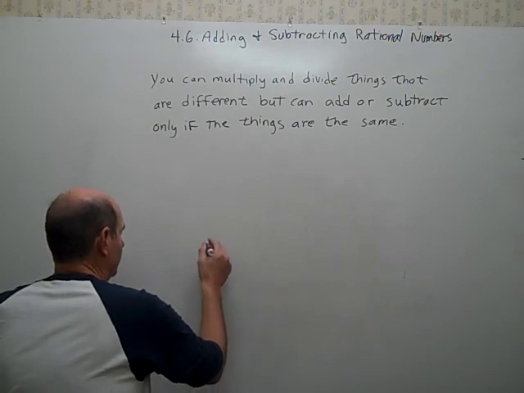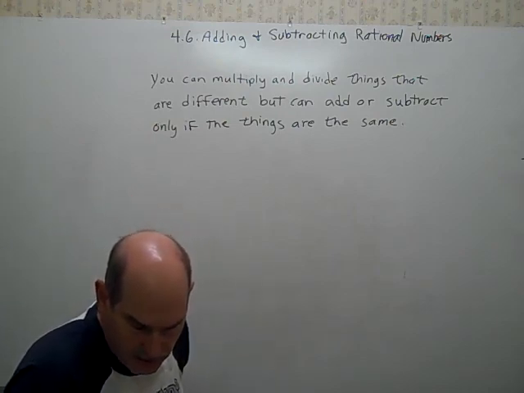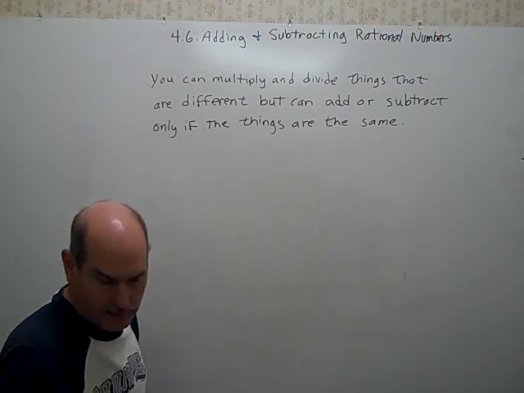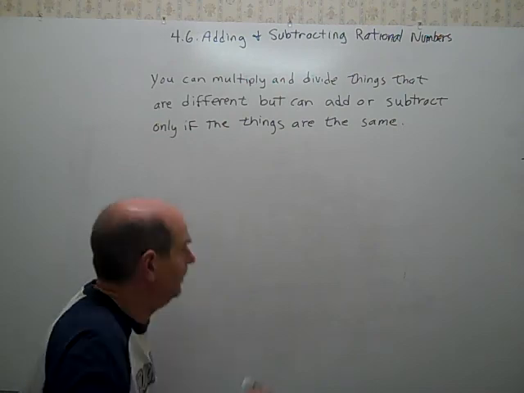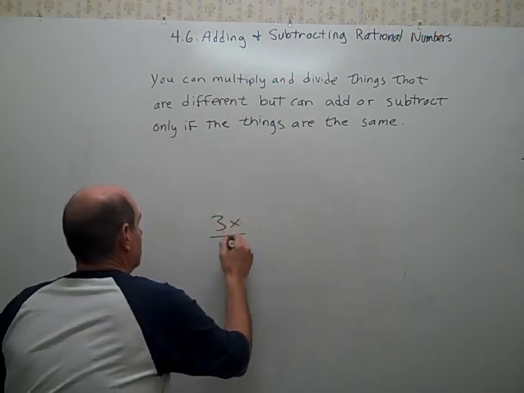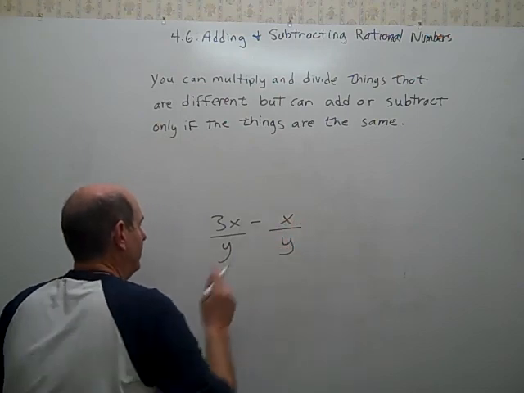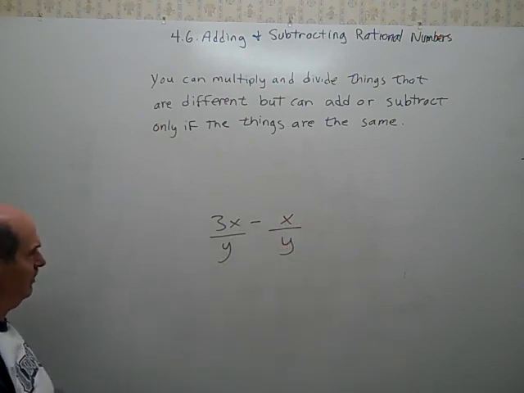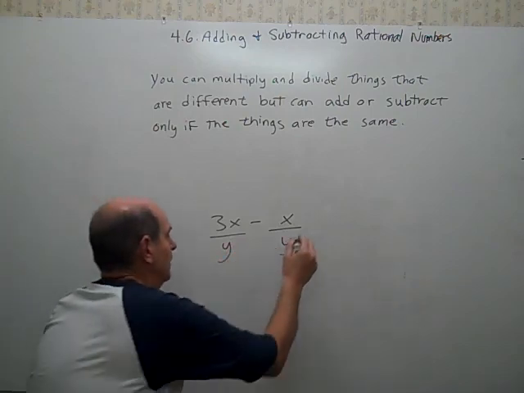So let me take an example out of the book here. It looks like 3x over y minus x over y. I like this problem because this can be confusing sometimes, because you're looking at what am I subtracting here from 3x? They have a common denominator, so that doesn't need to change.